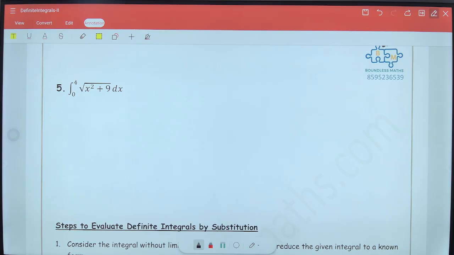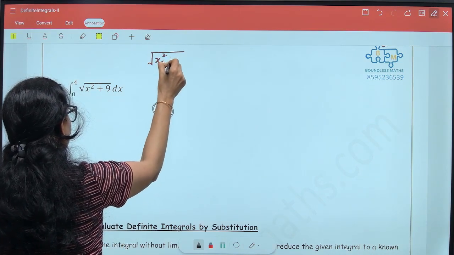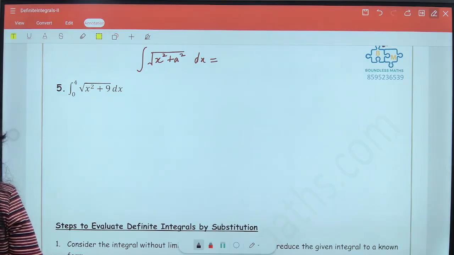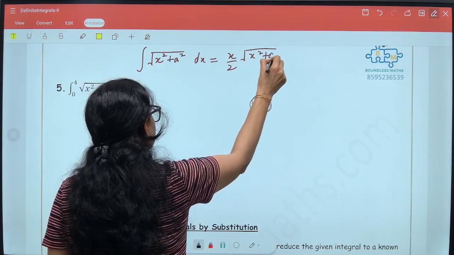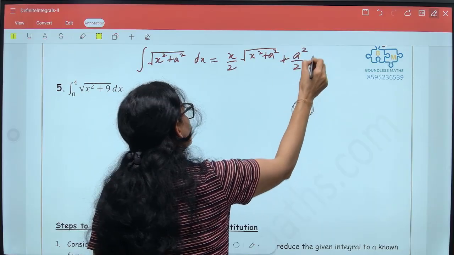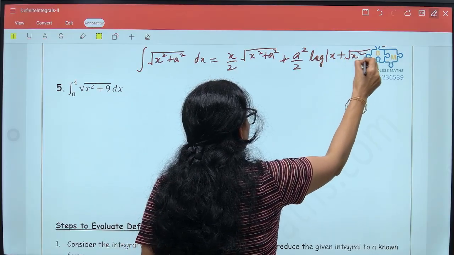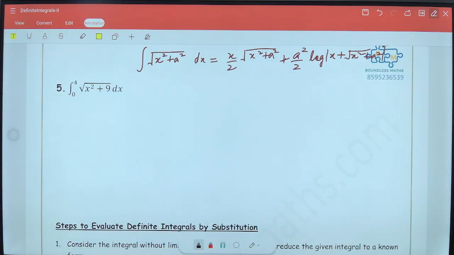So in this question, again it resembles one of the standard formulas for indefinite integrals that we have already done, and the formula is when we integrate any expression of the form square root of x square plus a square, then we get x by 2 square root of x square plus a square, and then we have plus a square upon 2 log of x plus square root of x square plus a square, right. So we are going to use this standard formula here.